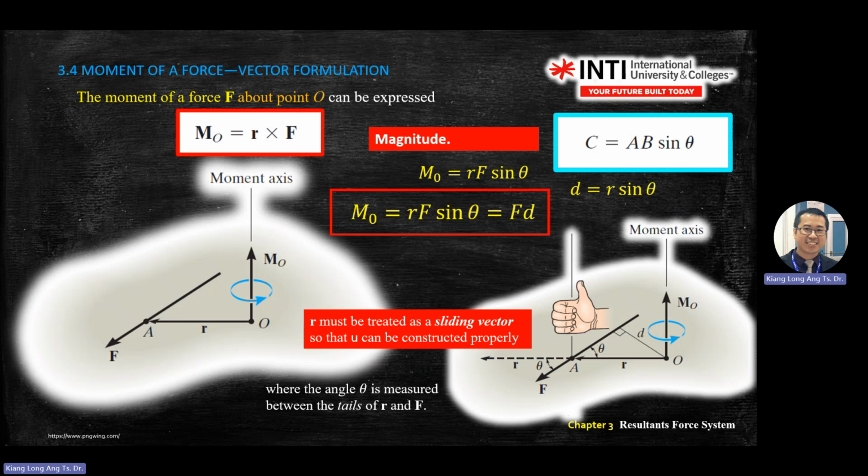Okay, so this agrees with what we learned this morning, and the cross product also. This is how we get the AB sine theta earlier. So it agrees with this by using this diagram.